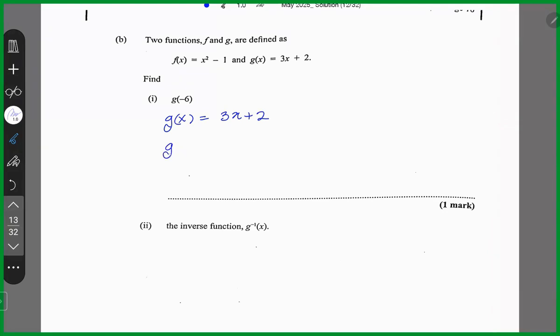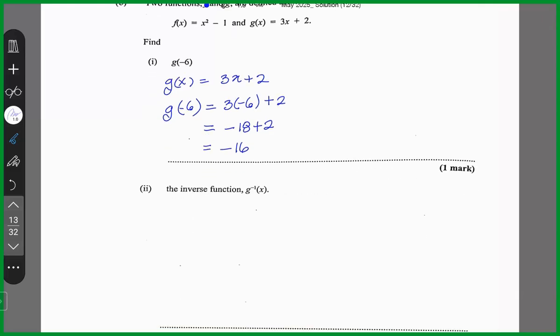G of minus 6 is saying in g, wherever I see x, I must put minus 6. 3 times minus 6 is minus 18. Minus 18 plus 2 is minus 16. If the signs are different, subtract and keep the sign of the larger number.